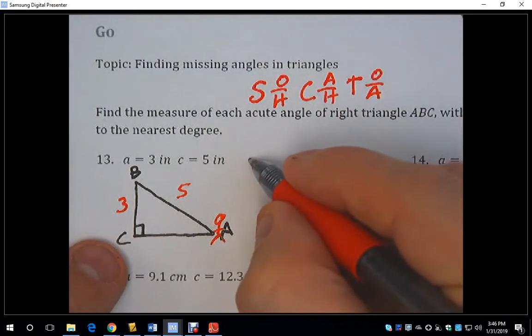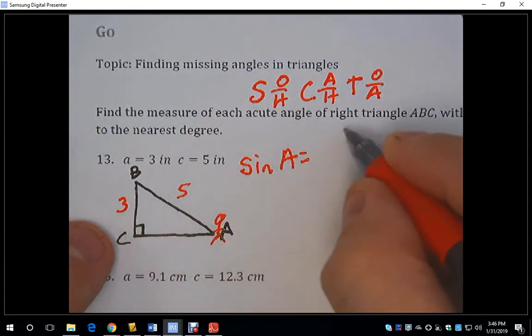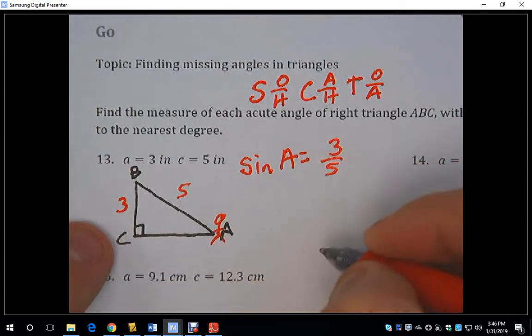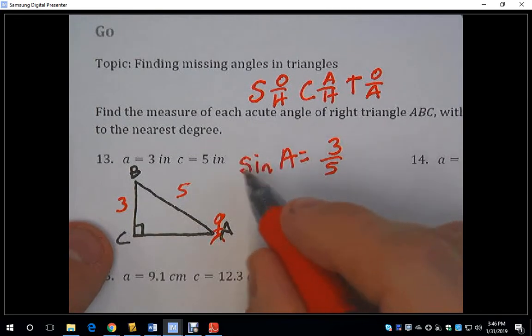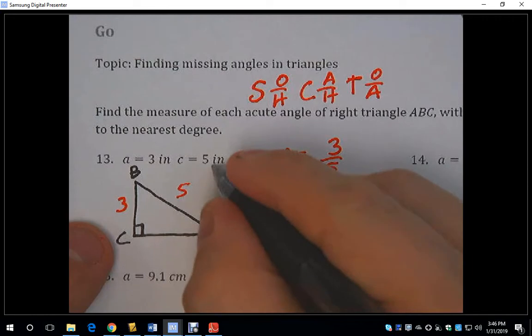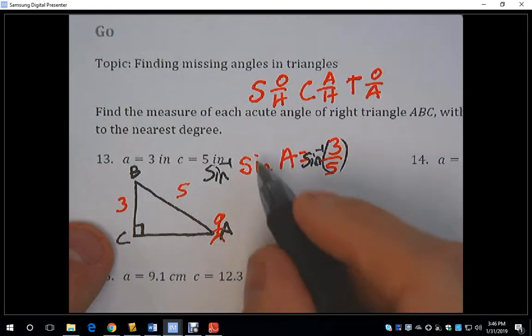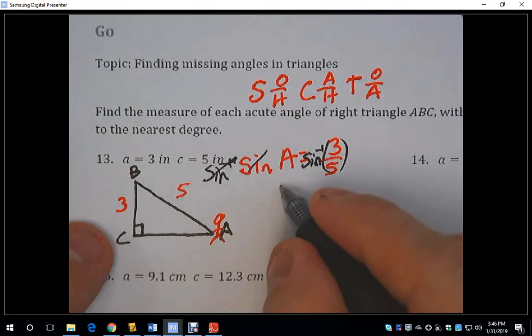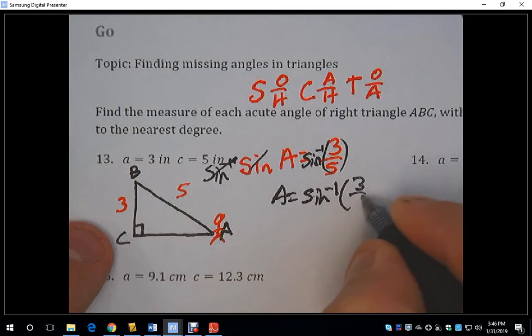So I have sine of angle A equals opposite, which is going to be 3 over 5. And I'm going to find A by doing the inverse of sine to get rid of sine. And the inverse of sine to both sides looks like this. These are inverses, they undo each other, and I'm left with A equals the inverse of sine of 3/5.